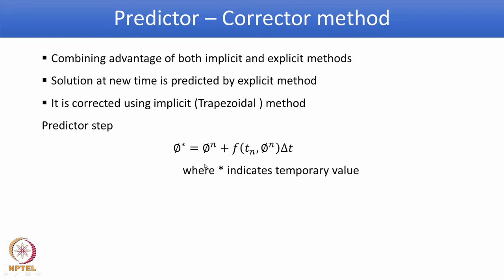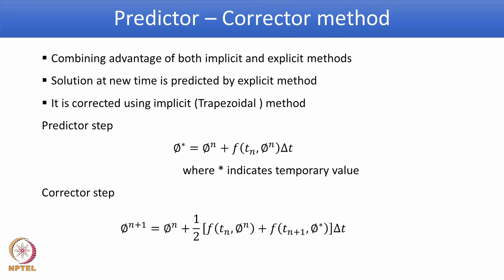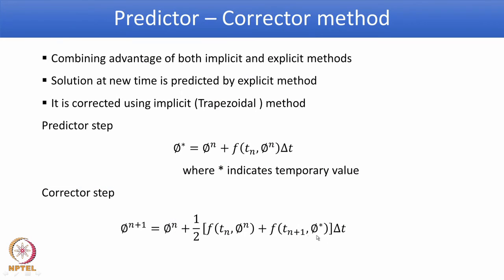The superscript star indicates a temporary value or predicted value, and this will be corrected using the trapezoidal rule, and that is what is shown here. When you use the trapezoidal rule, the predicted value becomes a known value, and that is what is used here when you write down the explicit part and when you write down the implicit part. This is what is known as the corrector step.